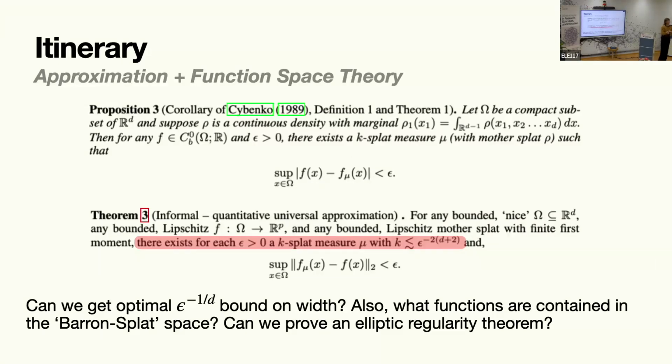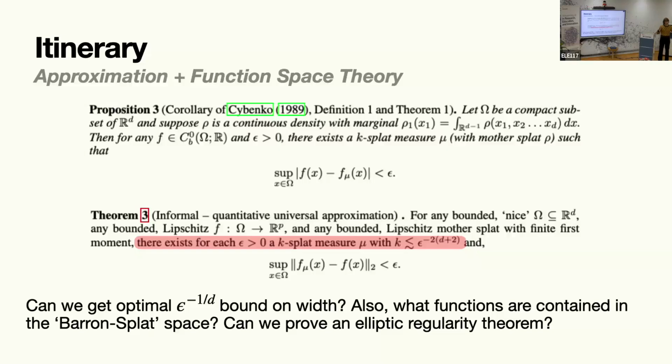So one thing that we did prove in the paper is a very basic quantitative theorem for universal approximation. I already mentioned that Cybenko's theorem holds, but what we showed is a quantitative version of this. It is specifically a bound on the uniform approximation error, shown in the display, in terms of the width of the network. Now, in the second display, this bound applies to Lipschitz functions on compact domains.